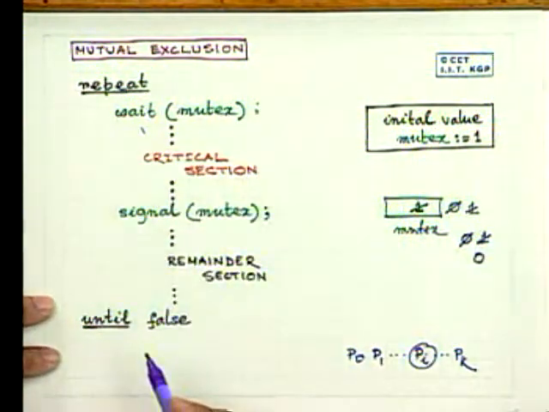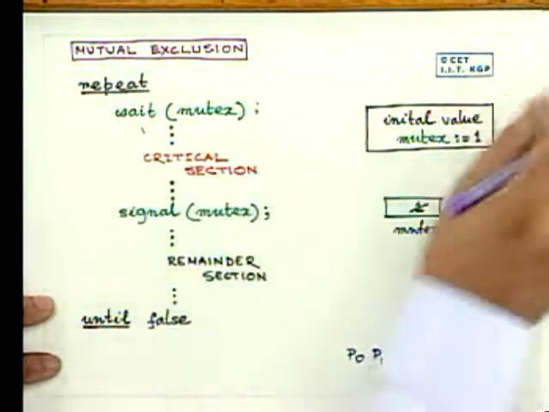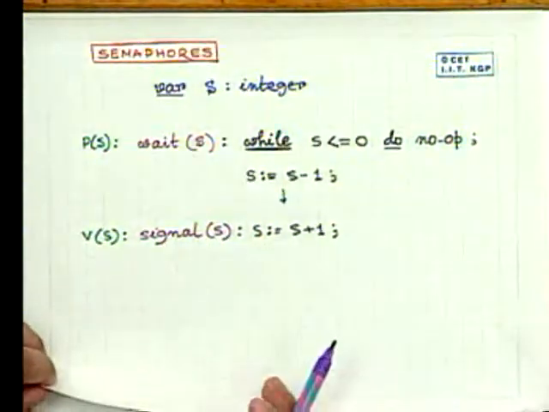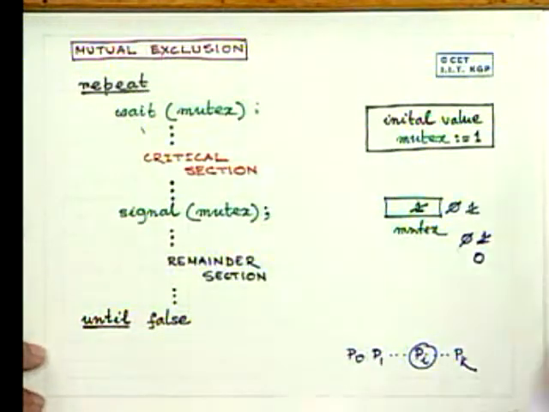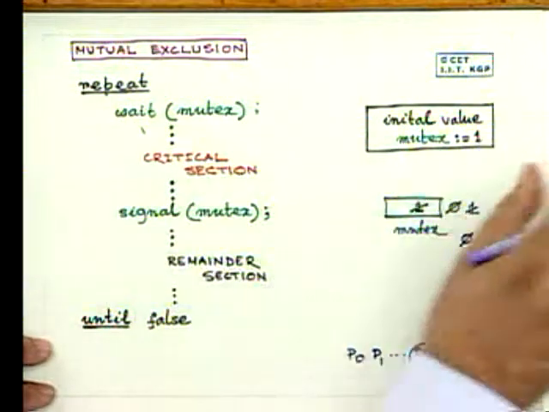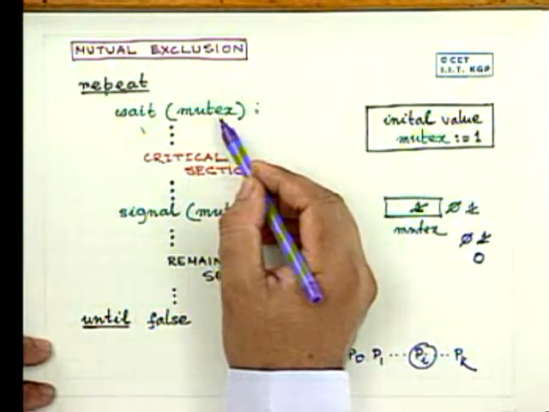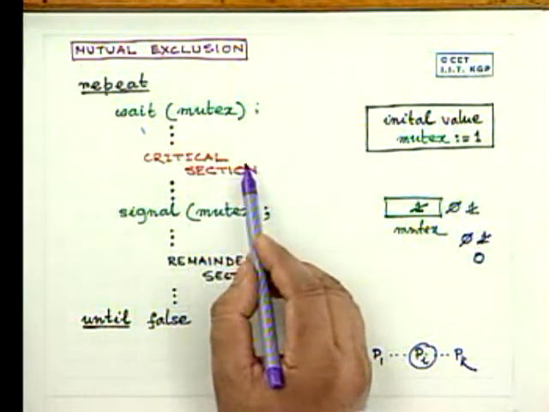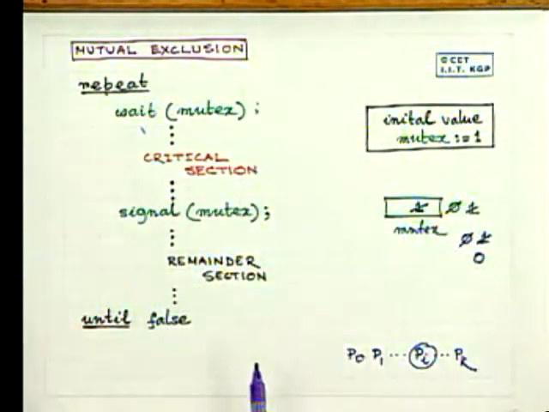And since wait and signal are indivisible, atomic operations, only one of them will succeed in making S to be 0 and entering the critical section, and the others cannot enter it, so mutual exclusion is achieved, right?